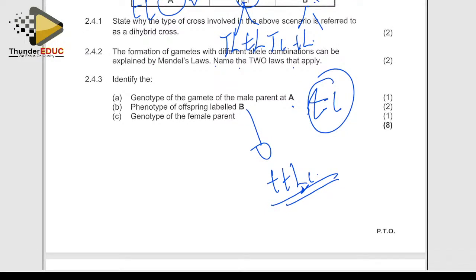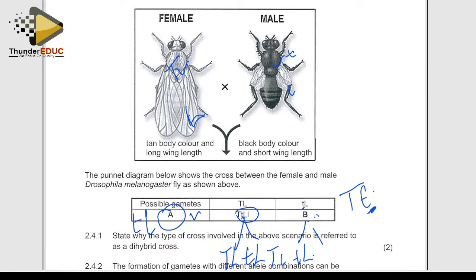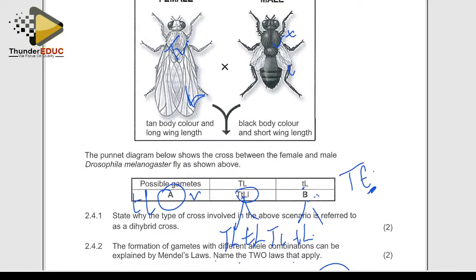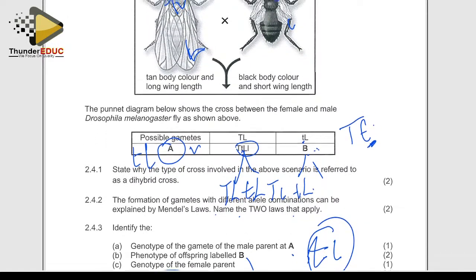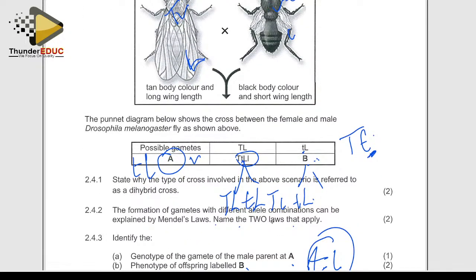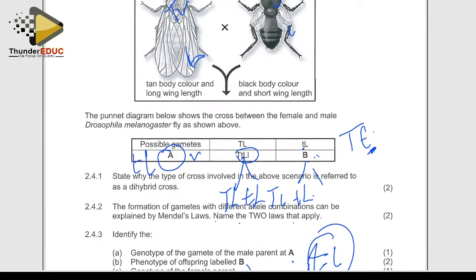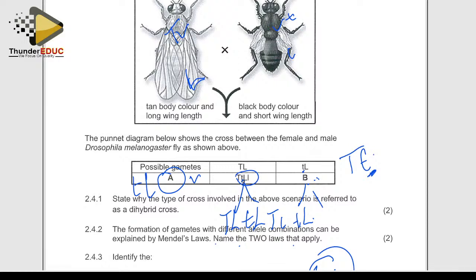Then the genotype of the female parent. Where is the female parent? Based on what we see here, these were heterozygous.